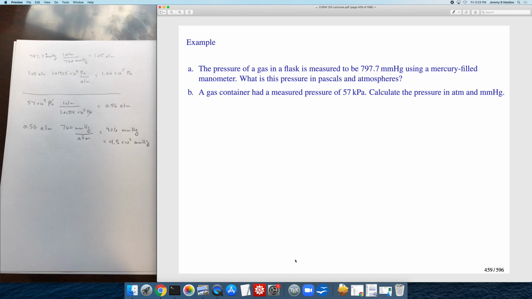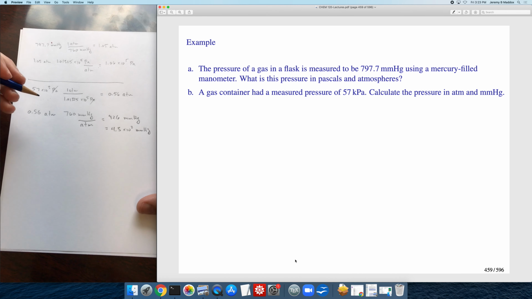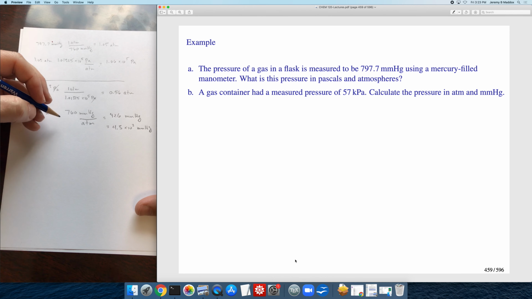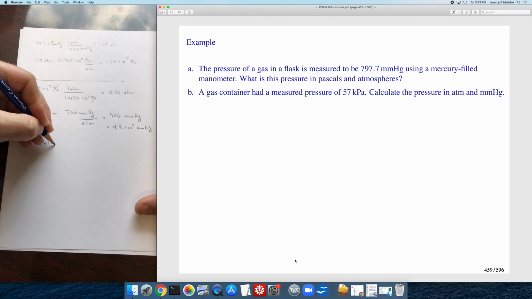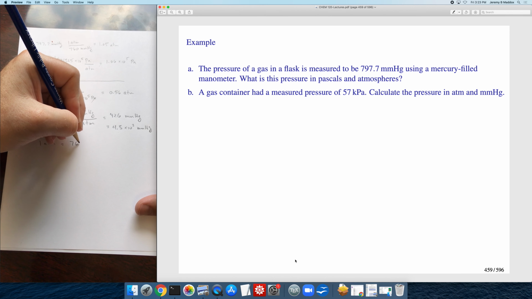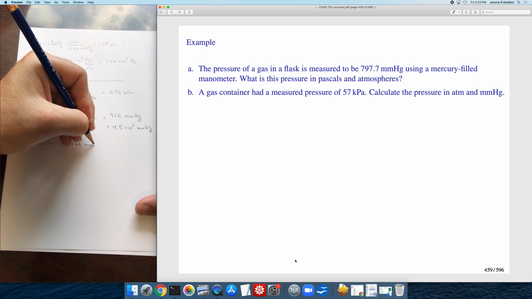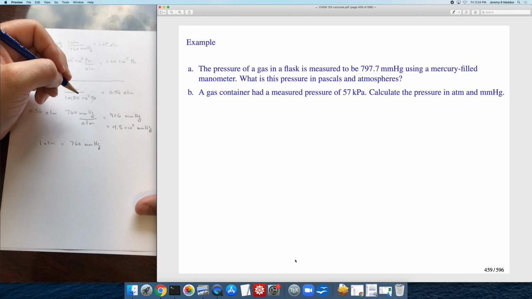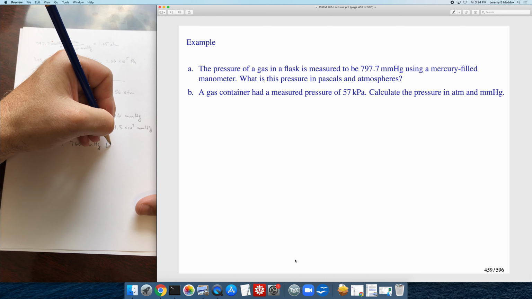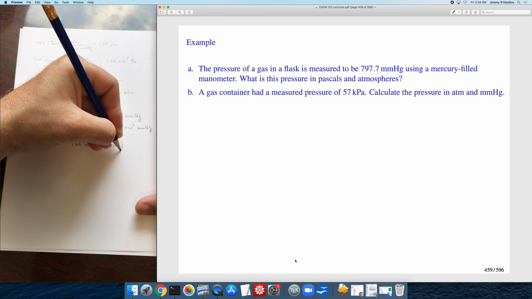Okay, so those are some simple pressure conversions. Like I said, the one that you really need to know is that 1 ATM equals 760 millimeters of mercury, and you can also call that millimeter of mercury the torr.